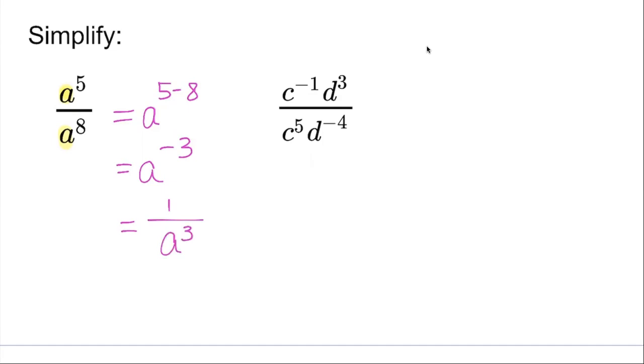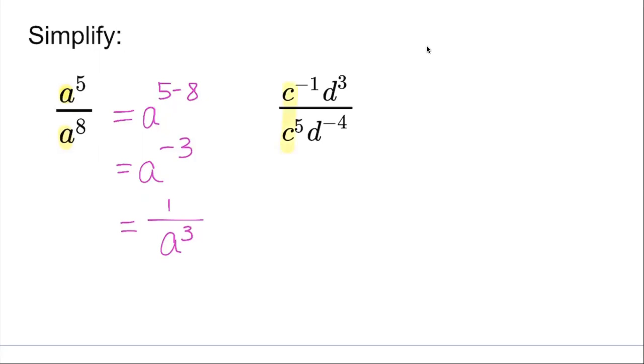And next one, c to the negative 1st, d to the 3rd, on the bottom, c to the 5th, d to the negative 4th. So when you're having more than one variable and you're having division, what I usually do is I will focus on one of the variables. So I'm going to work with a c.